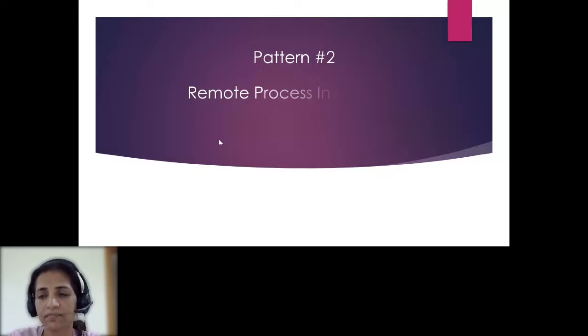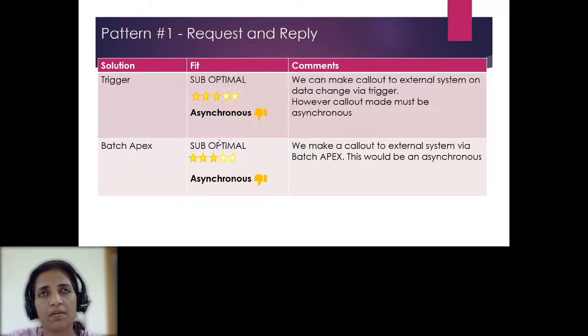On your suboptimal options for request and reply, what if I have a super long running process? What are ways around that to mimic asynchronous but not? So you mean the external system is taking a large amount of time to respond? Yeah. Recently, in the last two releases, Salesforce has removed the 120-second timeout that we have for HTTP.